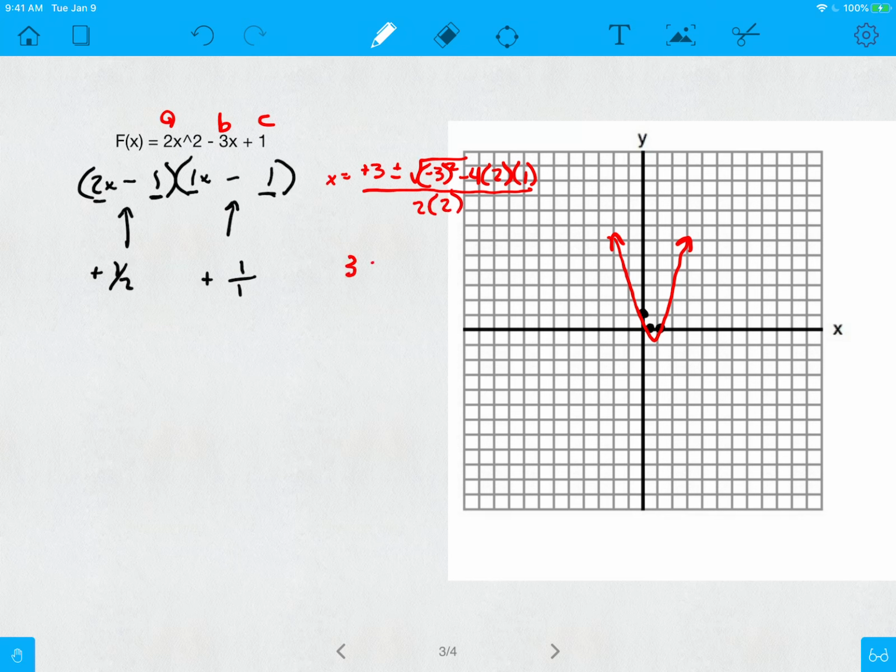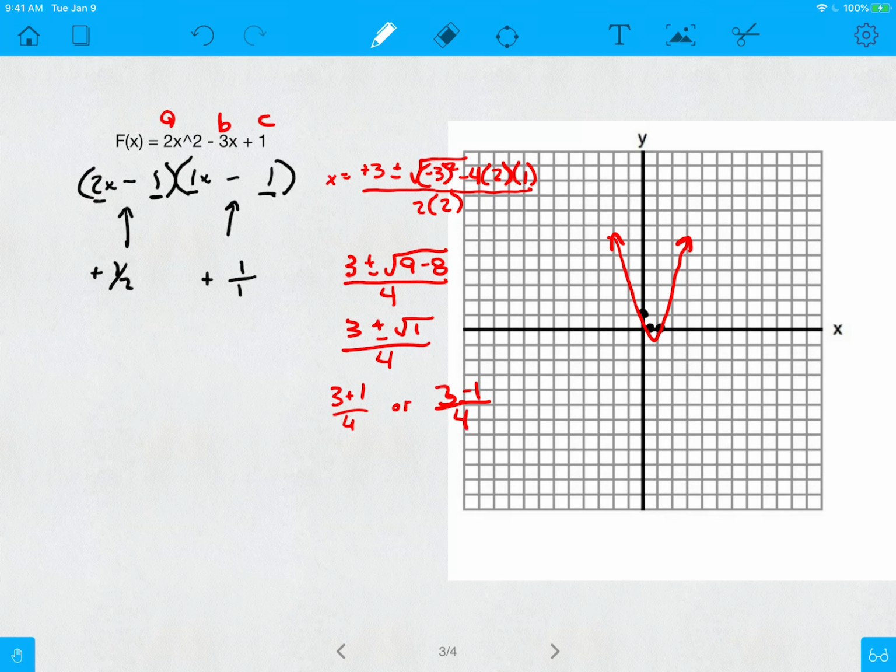Now that's going to be 3 plus or minus the square root of 9 minus 8 all over 4, so this is 3 plus or minus the square root of 1 all over 4, and you're starting to see what these numbers are. So this is going to end up being 3 plus 1 over 4, or 3 minus 1 all over 4.